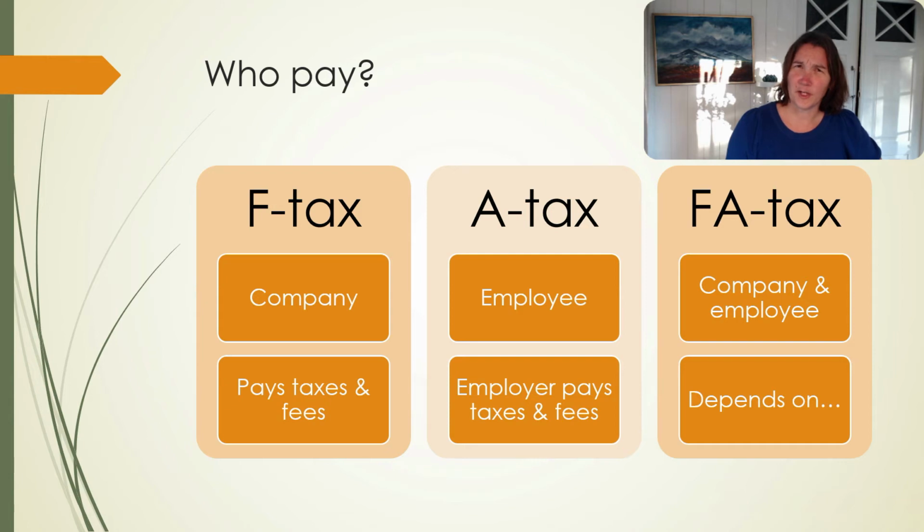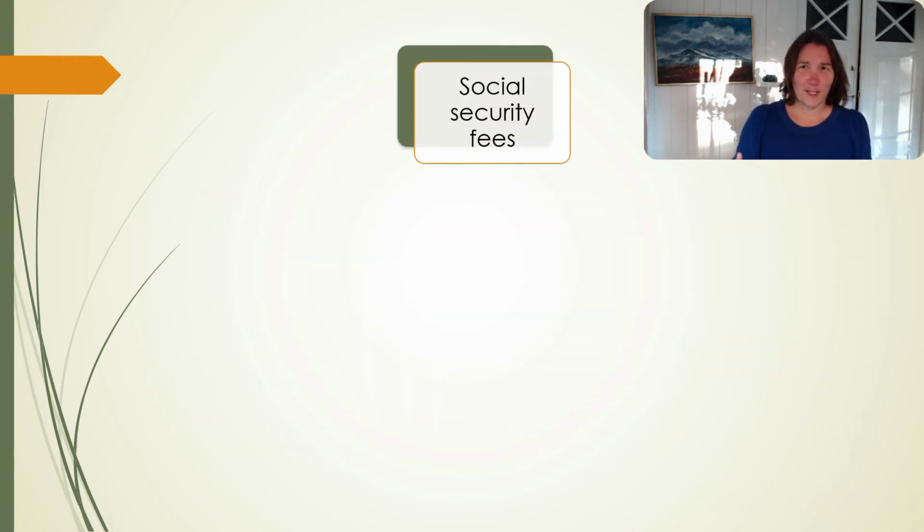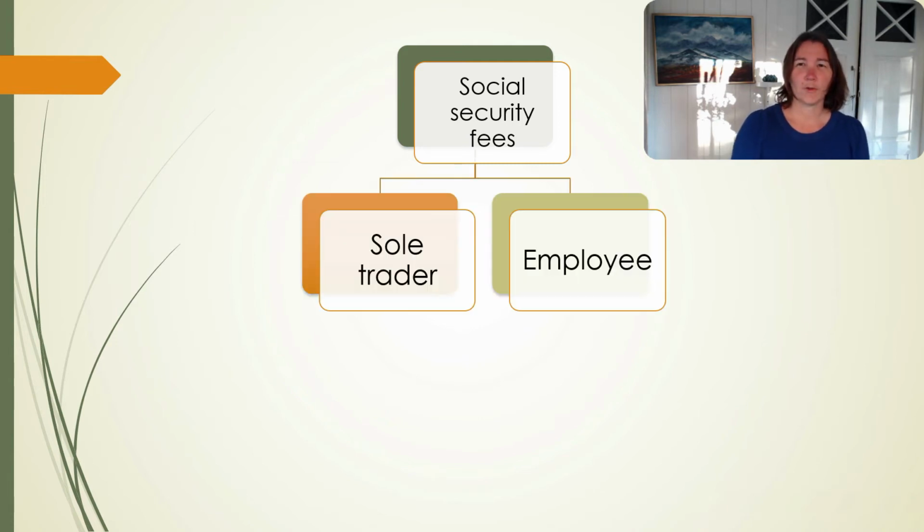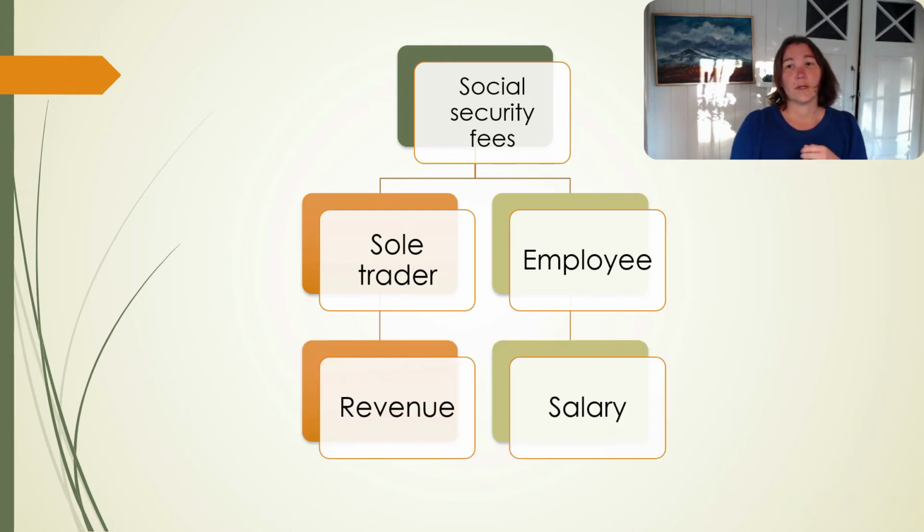That is a difficult word to say, isn't it? Social security fee, social security fees. Well, okay, how do I know what to calculate this on? If you're running a company as a sole trader, you pay the social security fee on your revenue. If you're running your company as a limited company, then you are an employee of your own company.